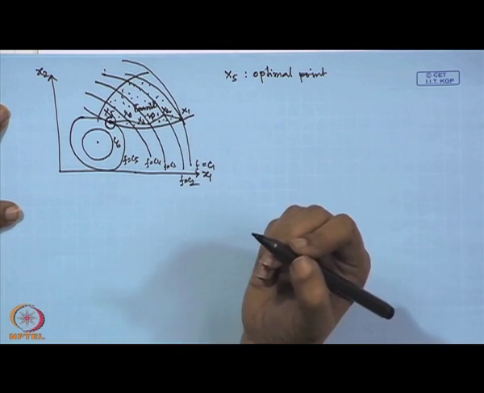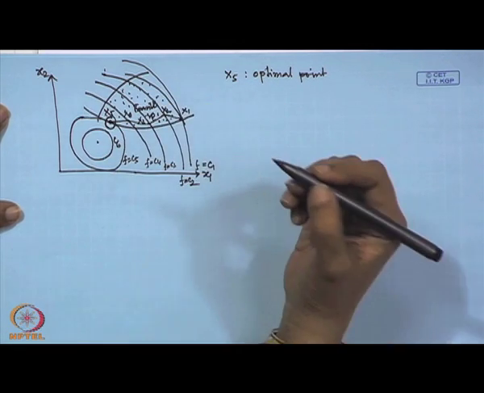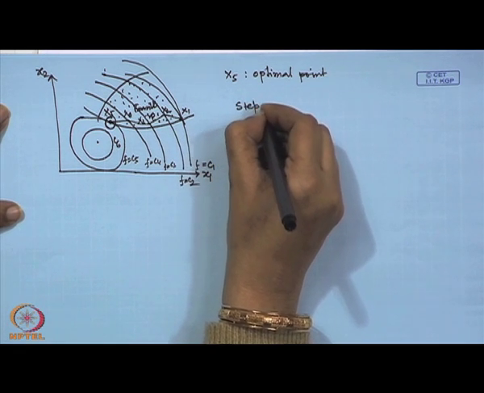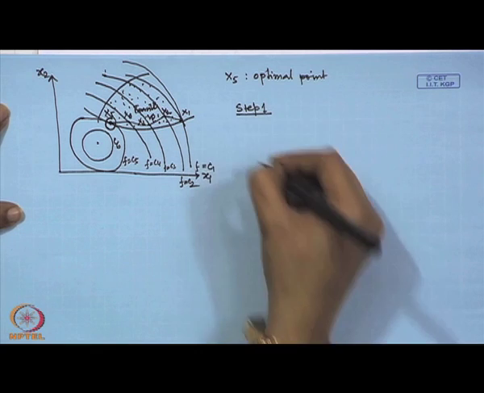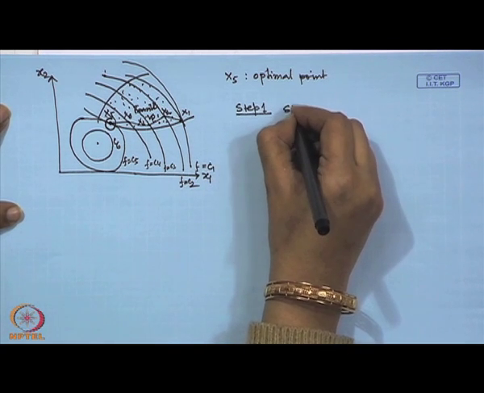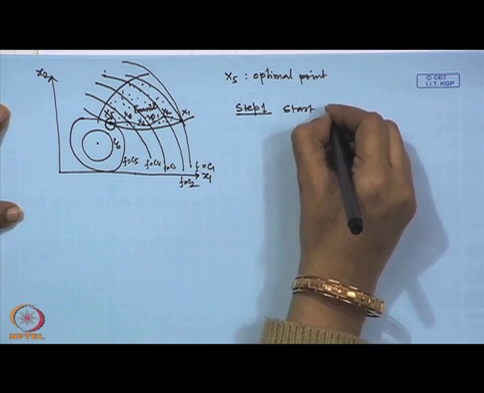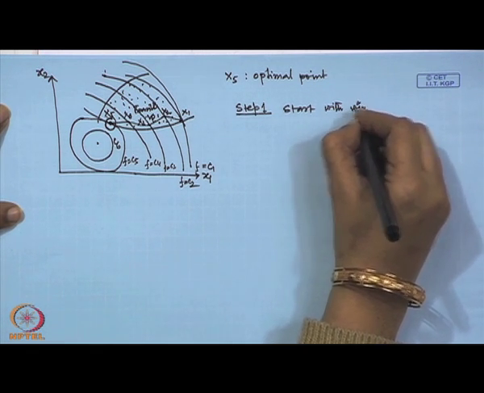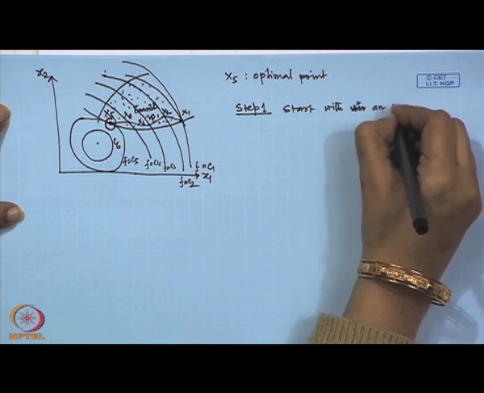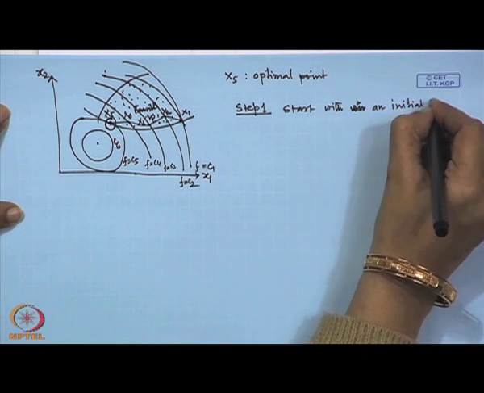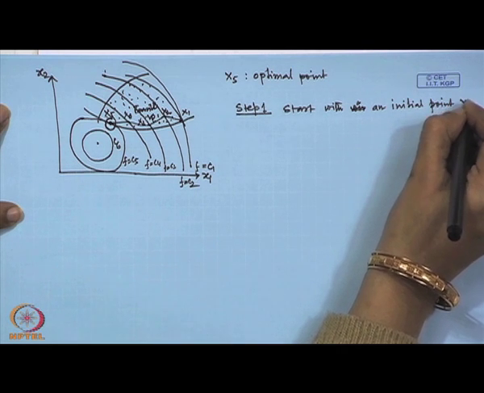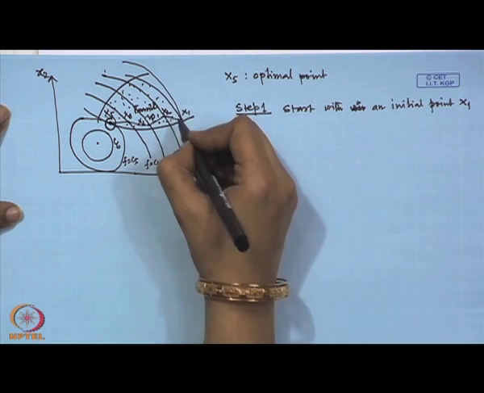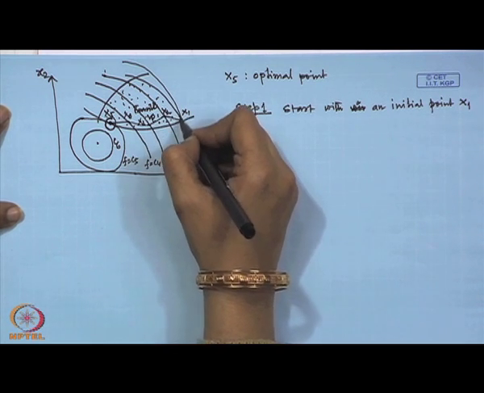How did we really do it? Let me write down the whole iterative process as an algorithm. We start our iteration with an initial point x1. Now, x1 can move in any direction: to the right, to the north, to the south.